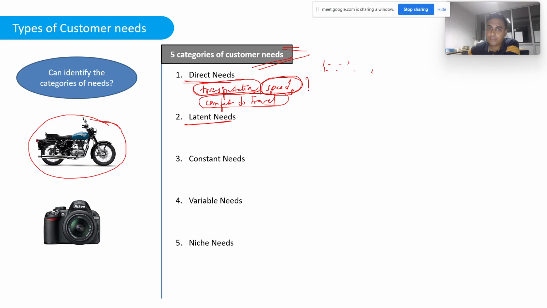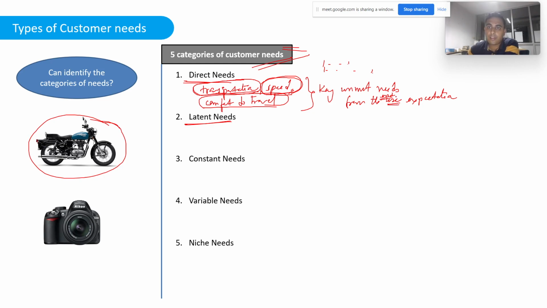Okay, you don't. So let me explain. Direct needs are basically the key unmet needs from the user, from the user expectation. This is the end user, always remember this.